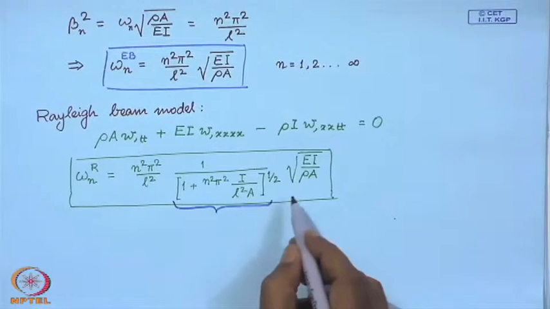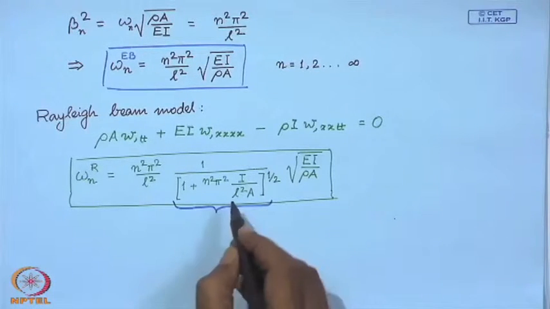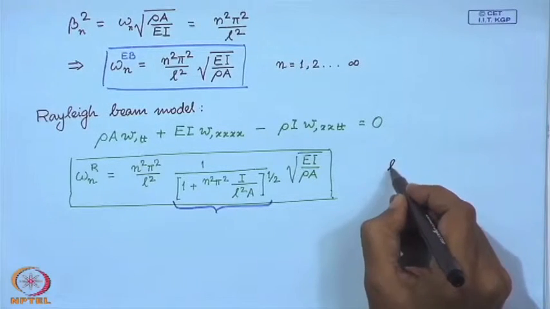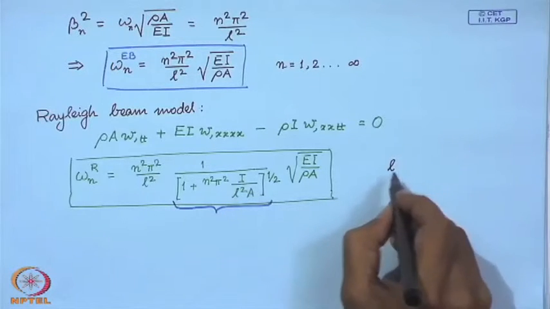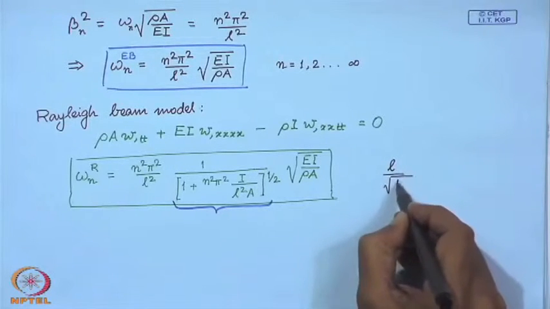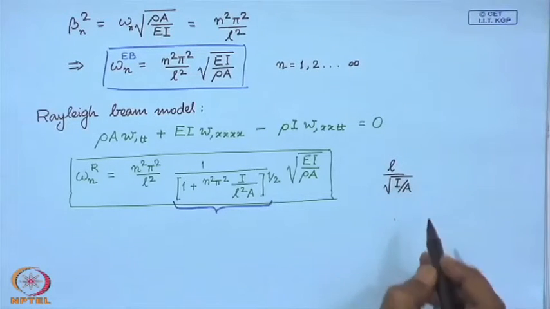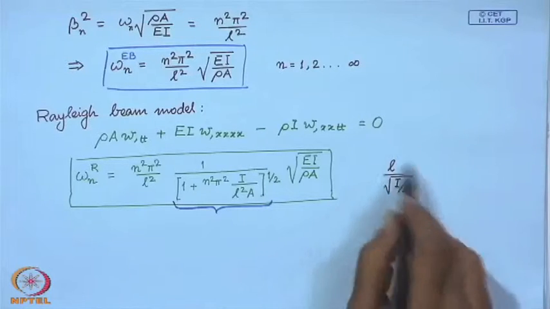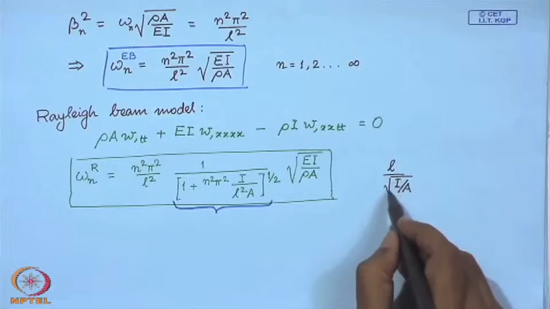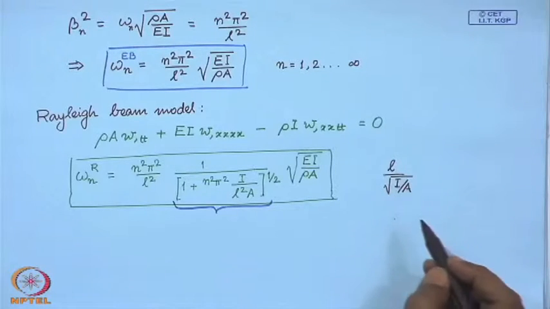So, now let us analyze this. Now, if you define, so we have this factor in the denominator, the square of this factor. Now, what is this factor? So, this is the length of the beam. The second moment of the area about the neutral axis I over the area of cross section of the beam.